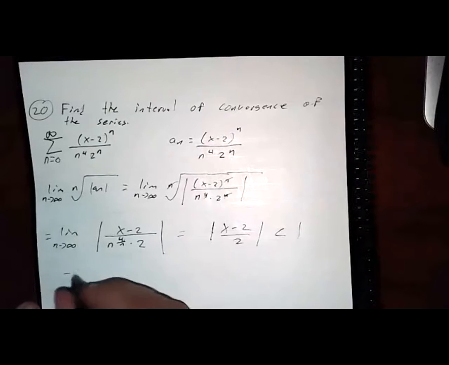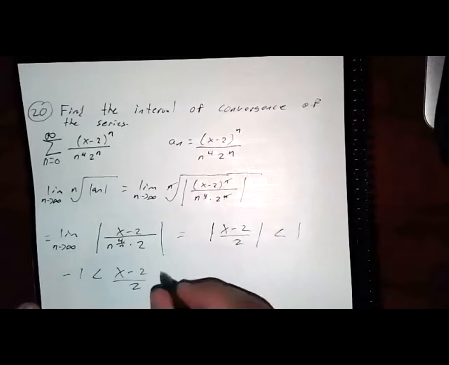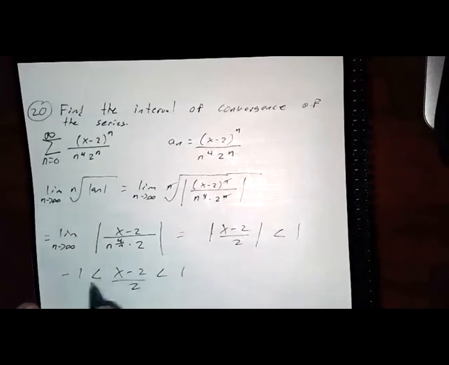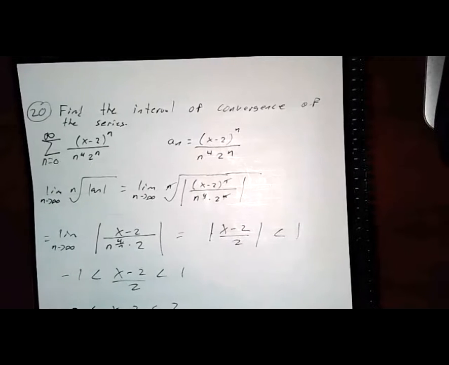Remove the absolute values, multiply everything by 2, add 2 over, and you get 0 less than x minus 2 less than 4. So this is the interval of convergence, right? We just need to test, do the endpoints work?